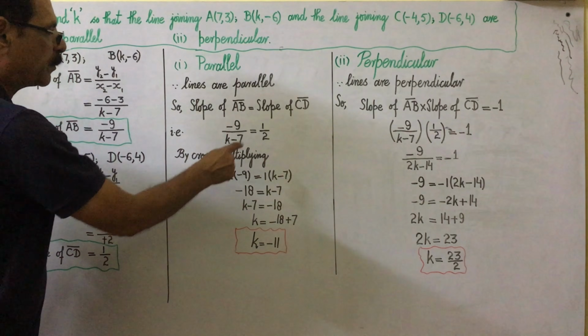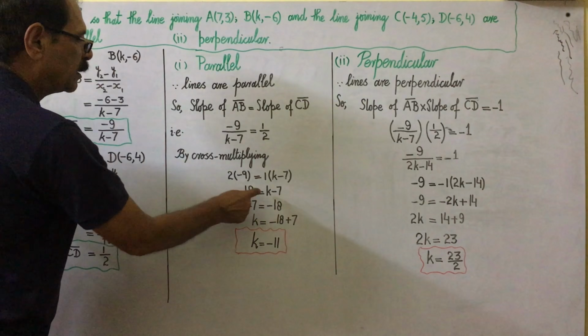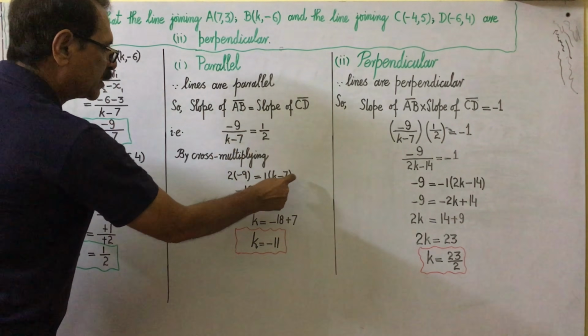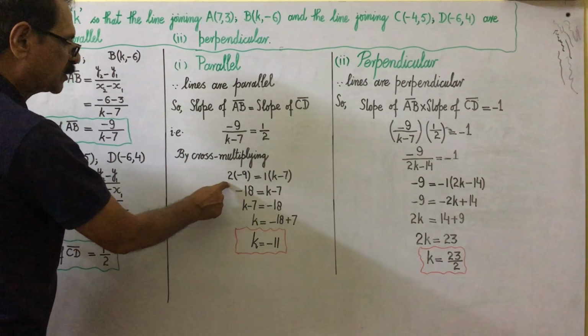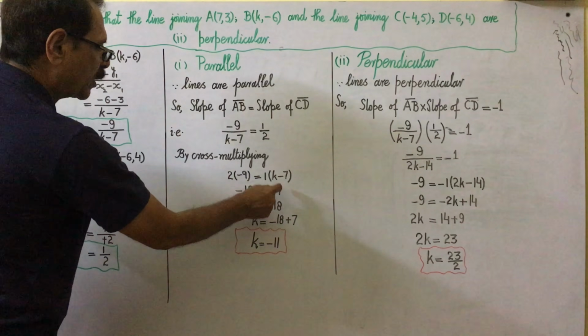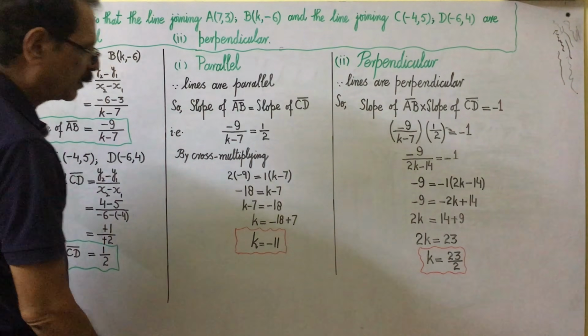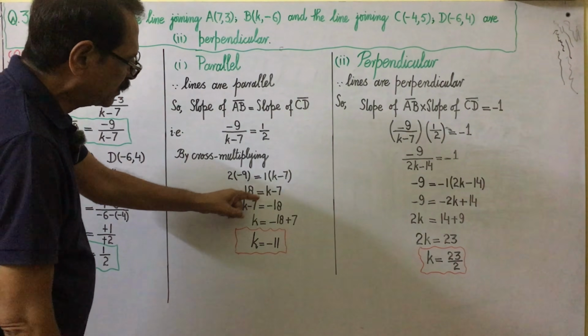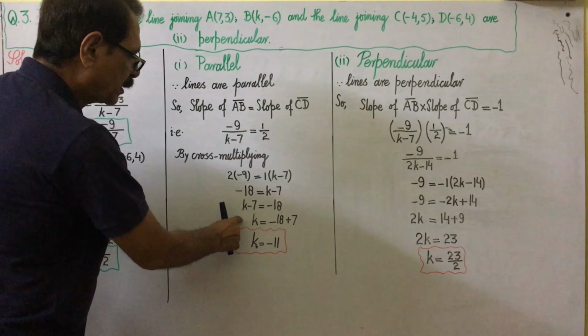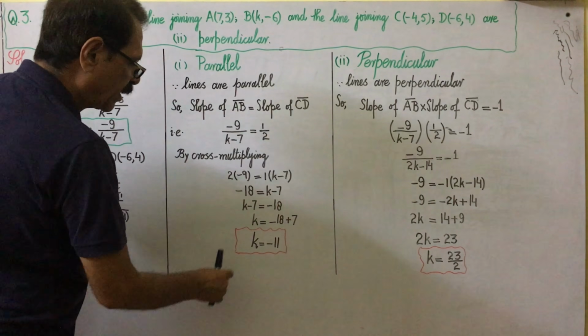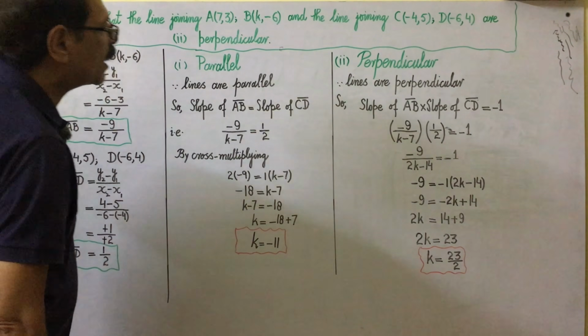By cross multiplying, 2 into -9 is equal to 1 into k minus 7. Opening the brackets, -18 is equal to k minus 7. k minus 7 is equal to -18. Transposing -7 to right hand side, k is equal to -18 plus 7, k is equal to -11.